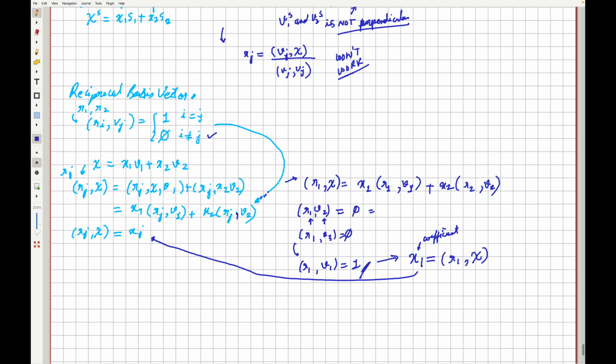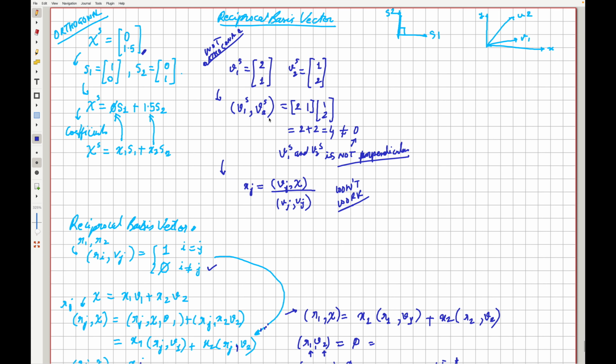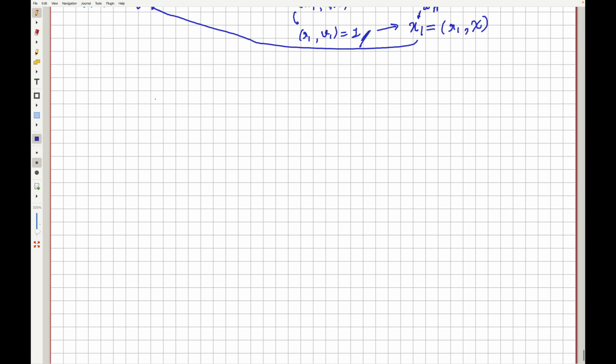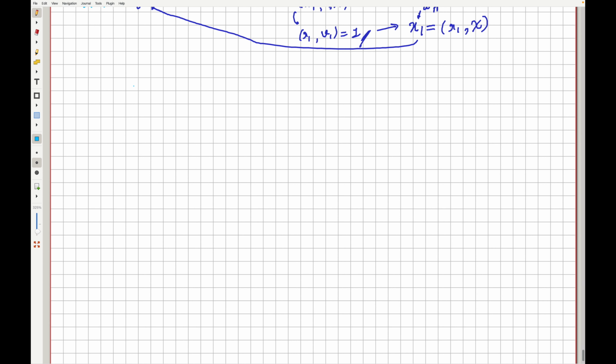That is, x of j is equal to r of j dotted with x. So that is the same thing as what we have here. The idea is that if we expand this x using basis vectors v1 and v2 that are not orthogonal to each other, we can do that as follows.